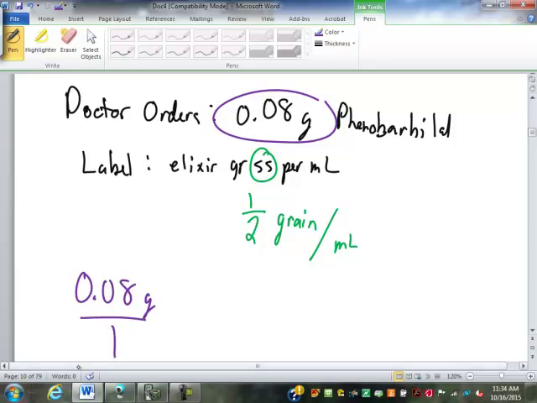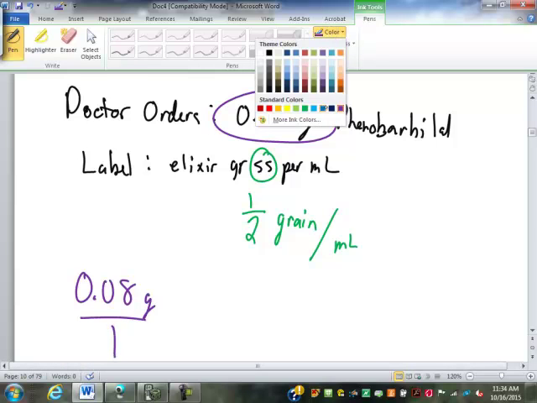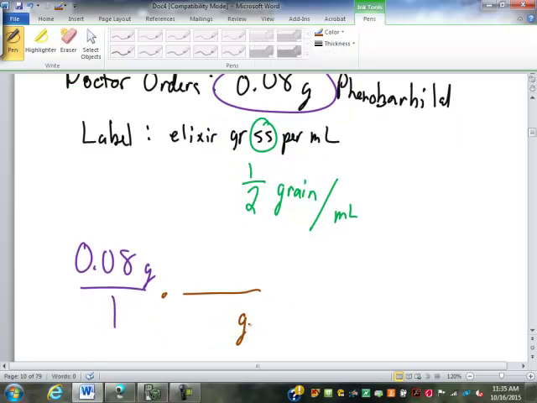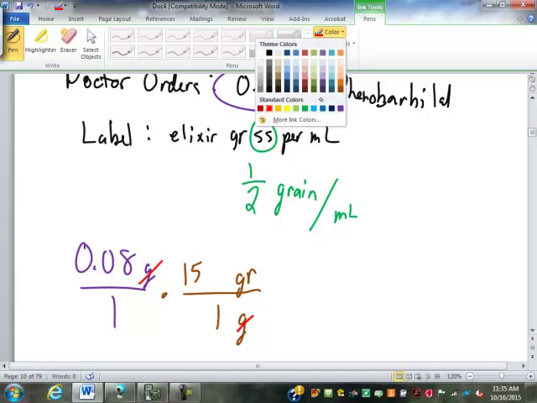with that doctor's orders of 0.08 grams is we are going to have to convert it. I'll put grams on bottom and I'm going to convert to grains. 1 gram is 15 grains. So the grams are gone and we're in grains.